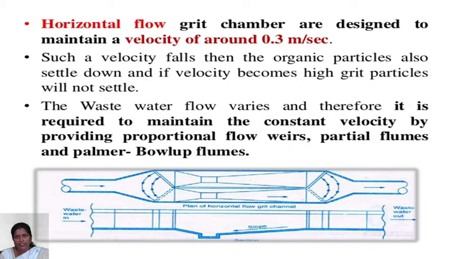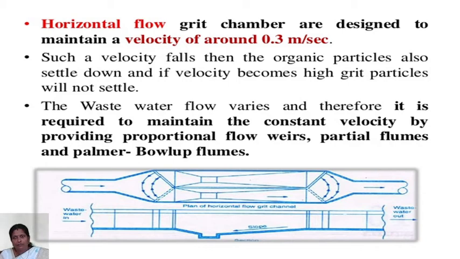If the velocity falls, then the organic particles also settle down. And if the velocity becomes high, grit particles will not settle. So always maintain a velocity of 0.3 meter per second or less.